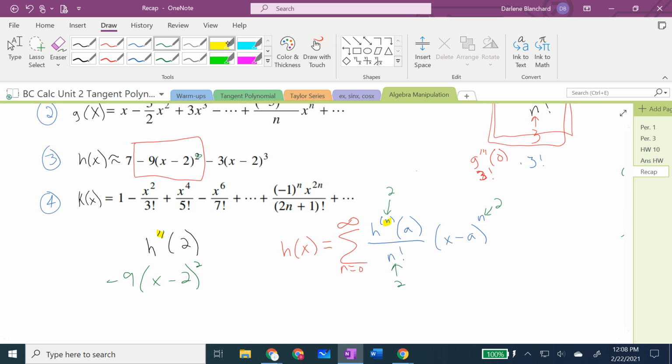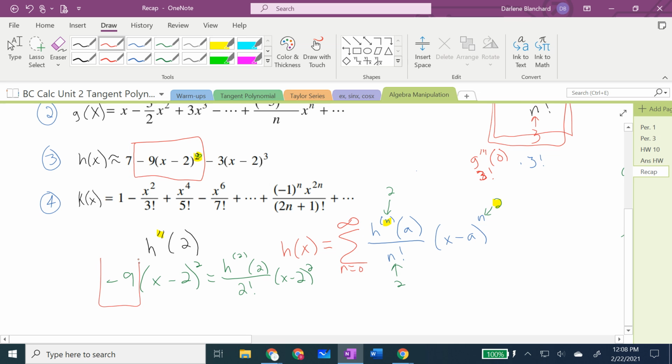I'm looking for the 2 exponent, because that then must be equal to the second derivative at the center, which is 2, over 2 factorial x minus the center squared.